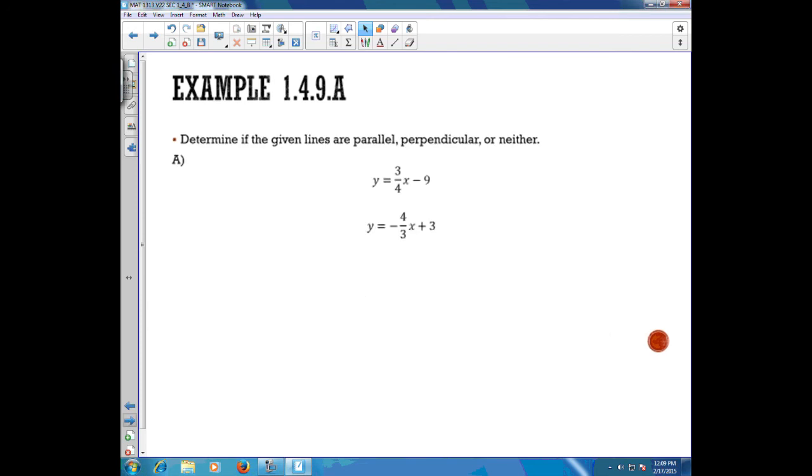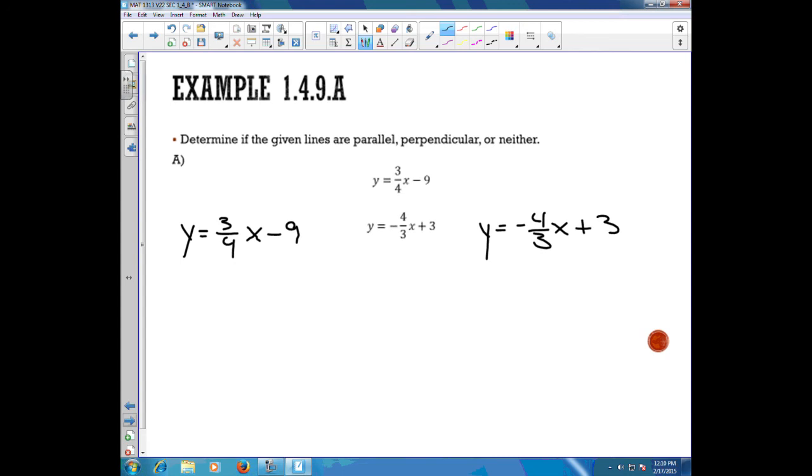Okay, so let's try another example. We want to determine if these two lines are parallel, perpendicular, or neither. We've got y equals 3/4 x minus 9, and y equals negative 4/3 x plus 3. In our first line, our slope is positive 3/4.